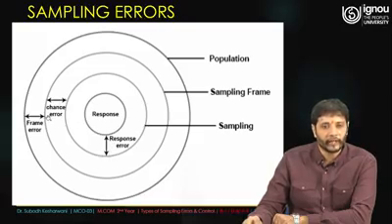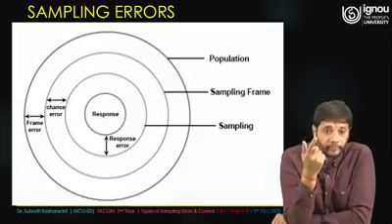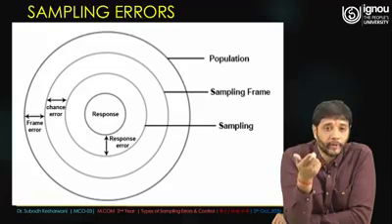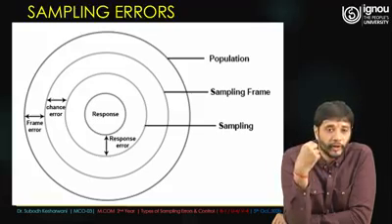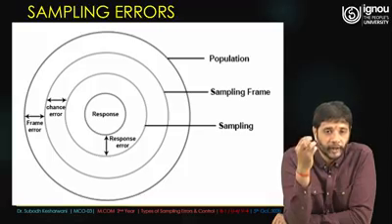You have not reached particular respondents, so you are not in a position to know their view or opinion. This is also an error, because if he or she had given a verdict and you recorded it, you would get a different mindset. So frame error is there.